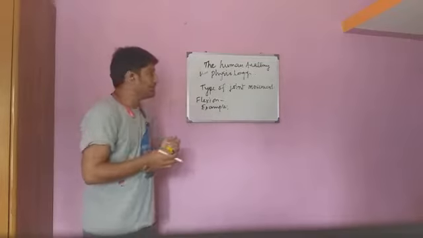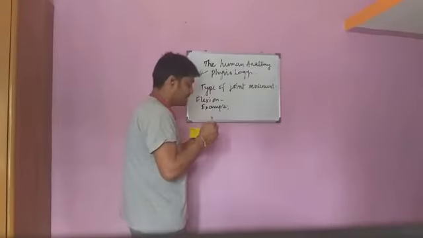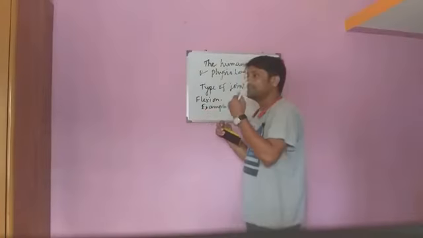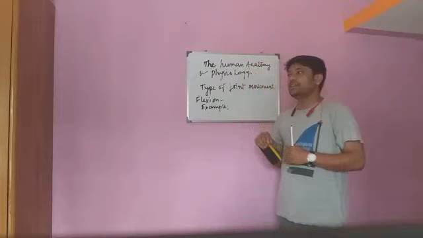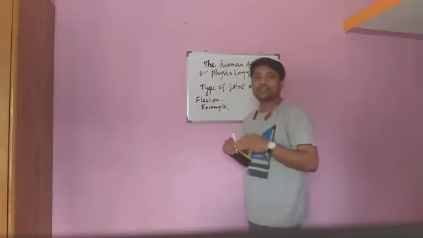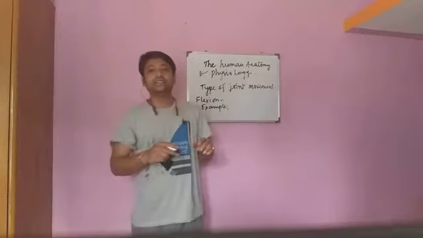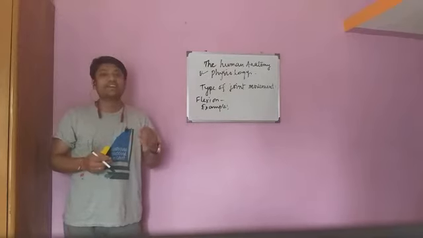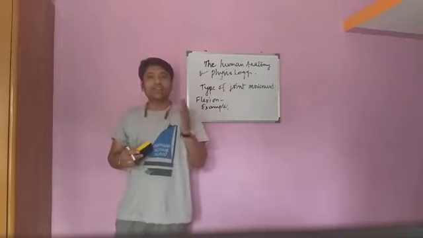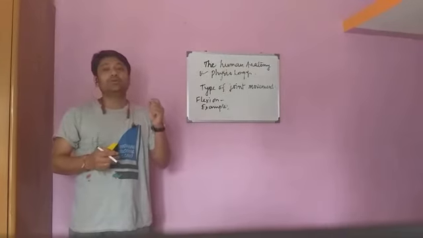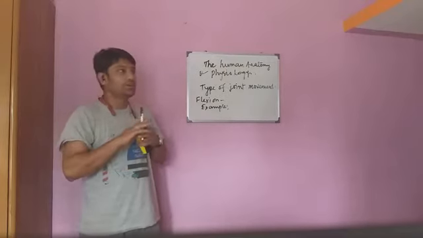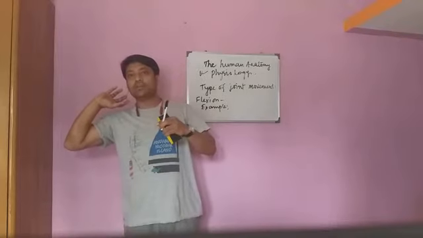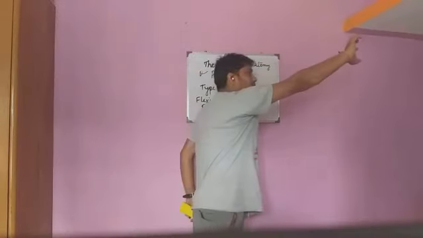And now, next one, extension. What is extension? Straightening a joint. This occurs when the angle of a joint increases. For example, at the elbow when putting a shot, like this, shot putting.